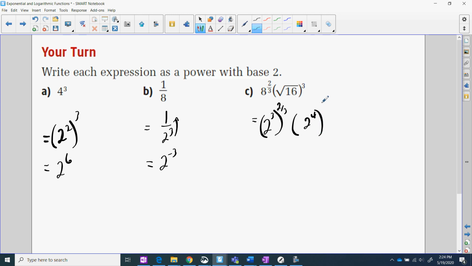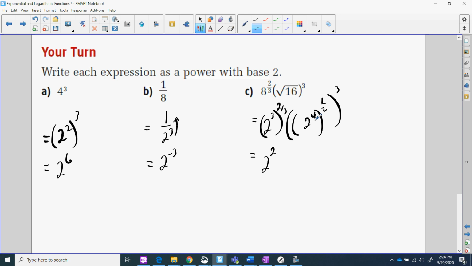Square root is a half. 2 cubed raised to the 2/3. I multiply those exponents, so that would give me 6 over 3, which would be 2 squared.